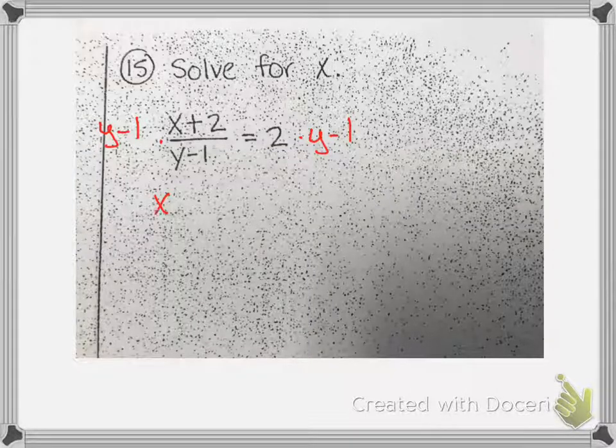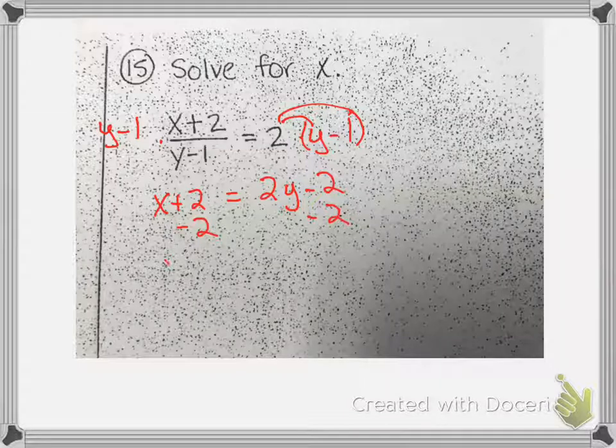That gives me X plus 2 is equal to 2 times Y minus 1. We'll distribute that 2, and that gives me X plus 2 is equal to 2Y minus 2. We'll subtract the 2 from both sides. X is equal to 2Y minus 4.